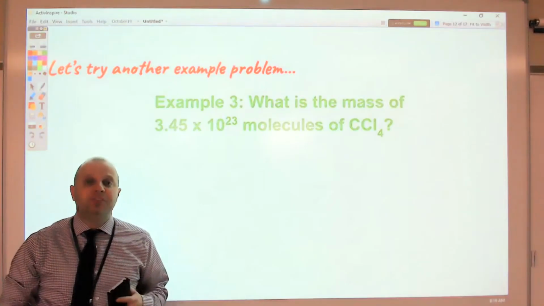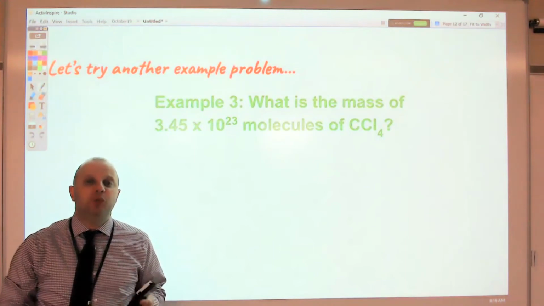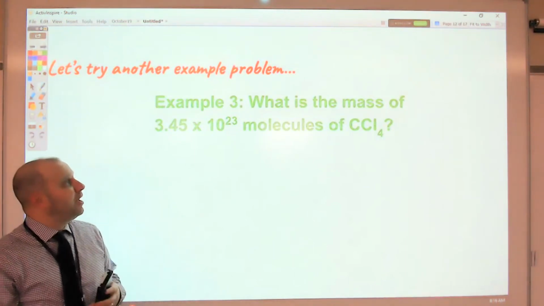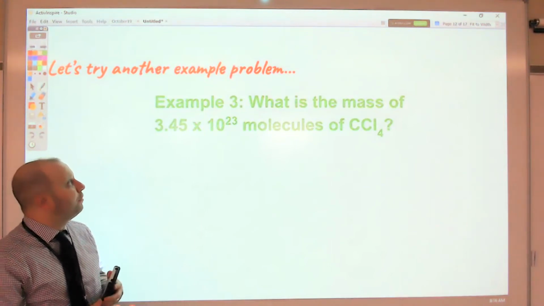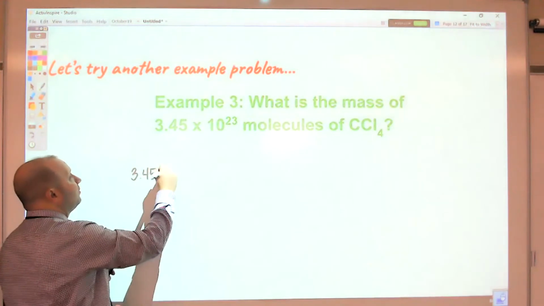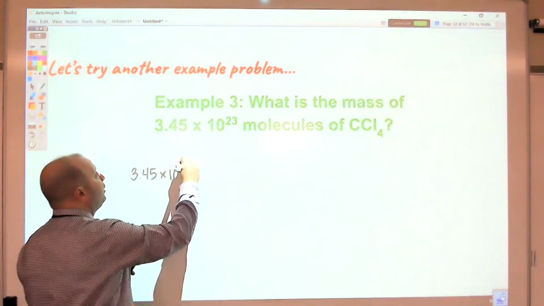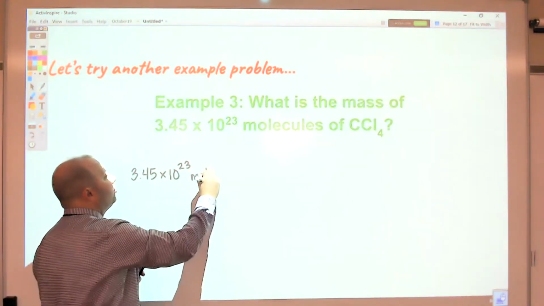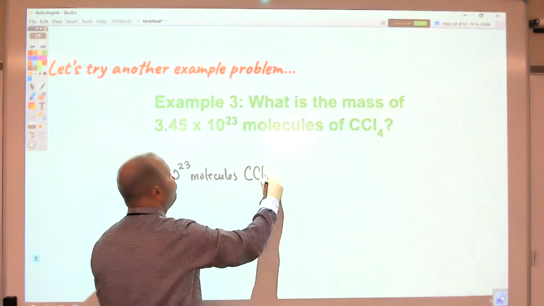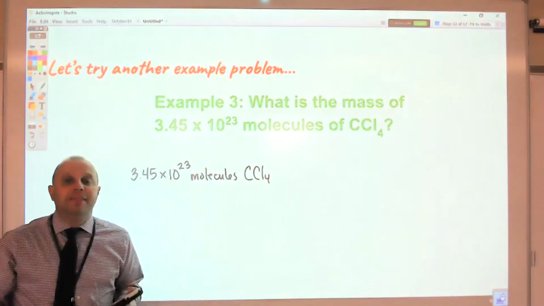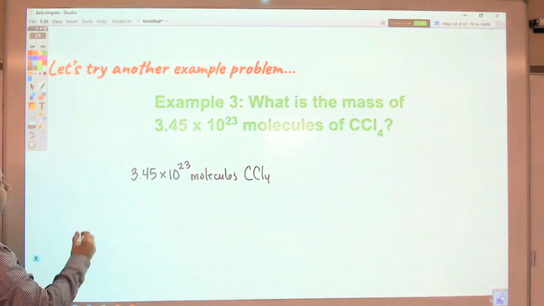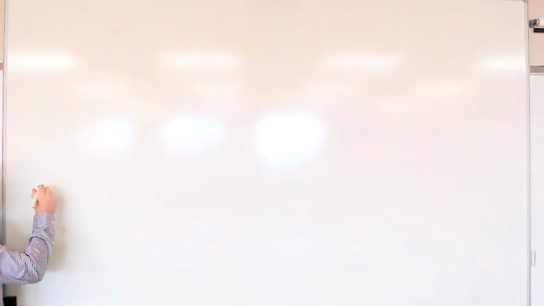Alrighty, in our third example problem, it's going to be fewer steps because we're not going all the way to atoms. So if you read the example problem, what is the mass of 3.45 times 10 to the 23rd molecules of CCl4? In this case, we will need to get the molar mass of CCl4, so we can start by doing that on the side here.